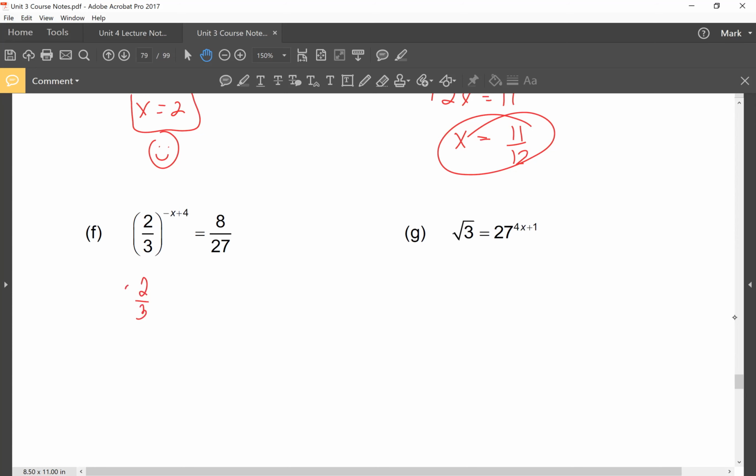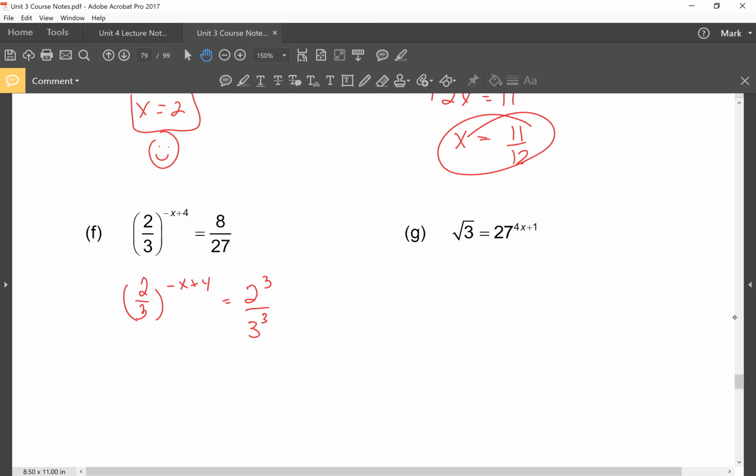2 over 3 to the negative x plus 4 equals, well, this one's interesting because 2 to the power of 3 is 8 and 3 to the power of 3 is 27.